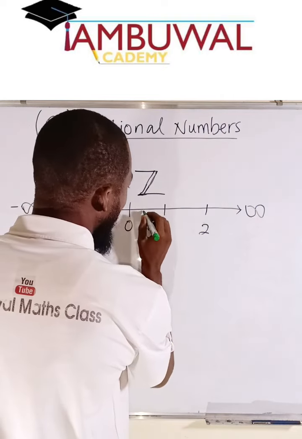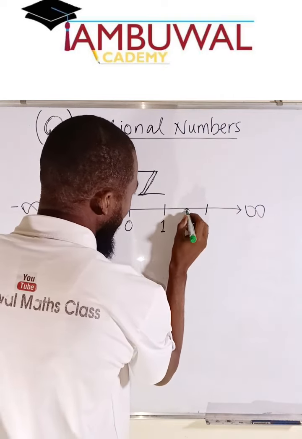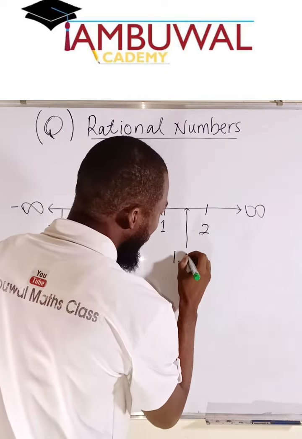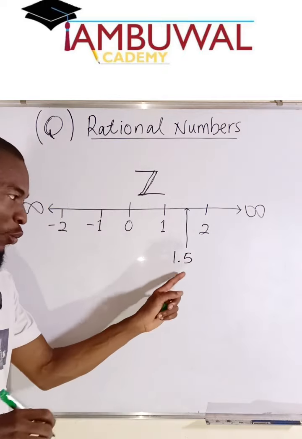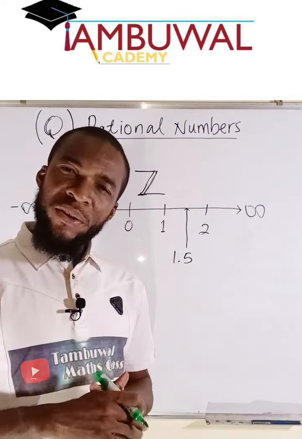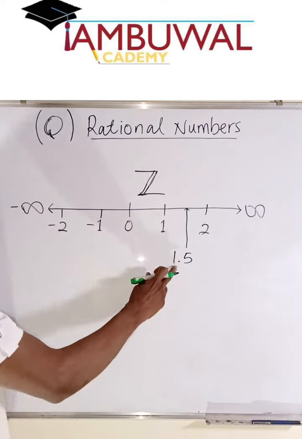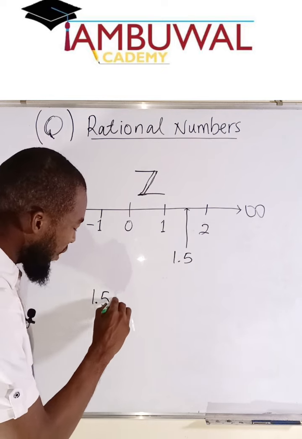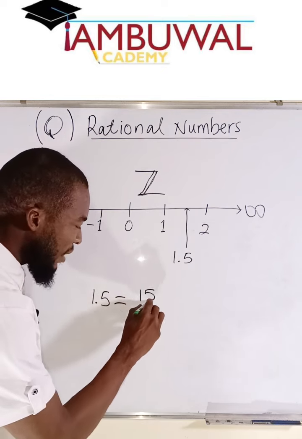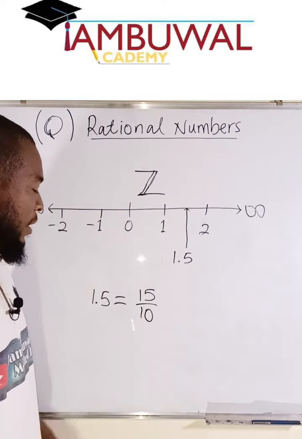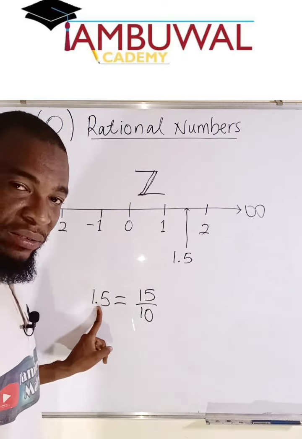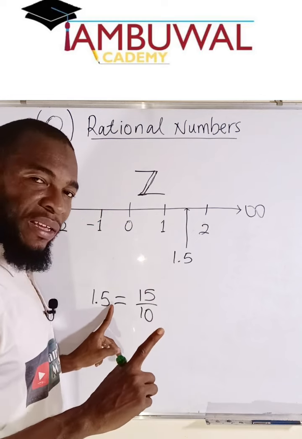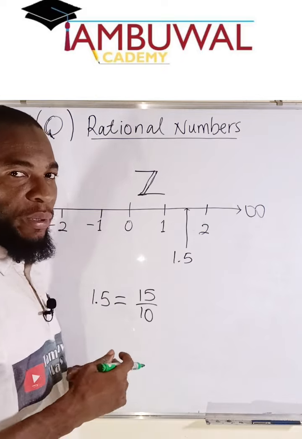So let me take a number here. If I take in between 1 and 2, you may have what? 1.5. Is this 1.5 a rational number? Definitely 1.5 is a rational number because it can be expressed as 15 divided by 10. You can see this one has one decimal place, so to migrate this decimal place to the last digit, all you have to do is multiply by 10.